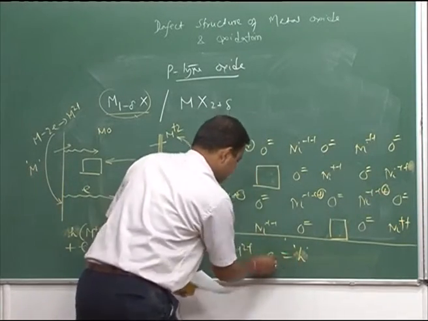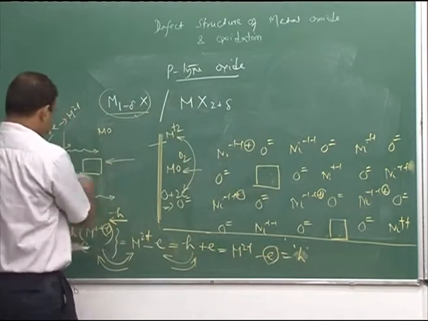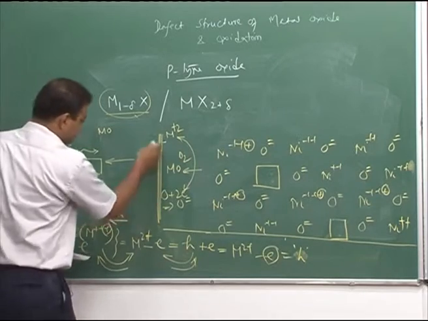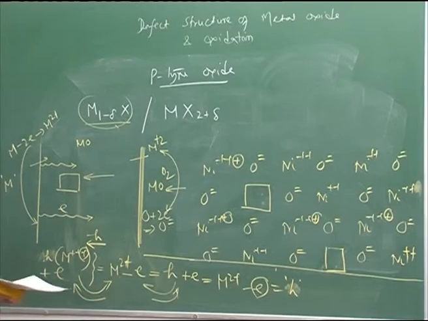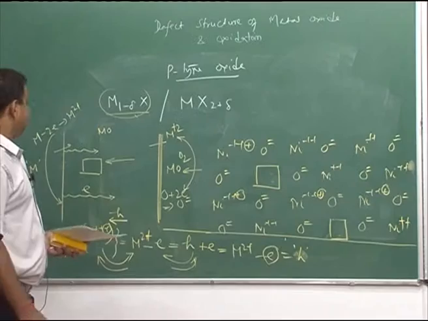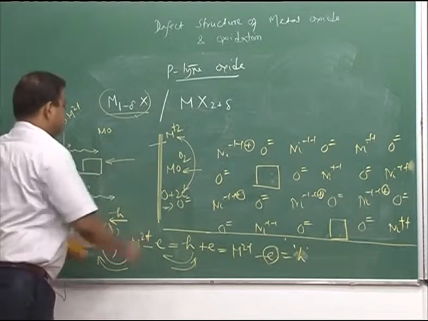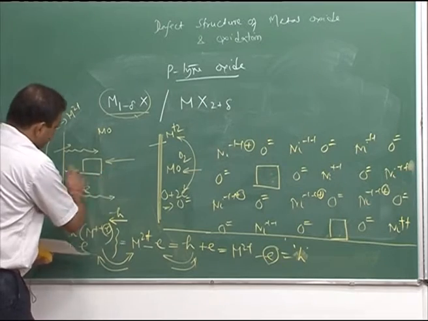So, this electron is actually on this surface, and gradually more and more electrons come to this surface, which will favor this reaction, which is the cathodic reaction. So, the oxide growth is taking place here. Now, we see that the hole is also moving this way.